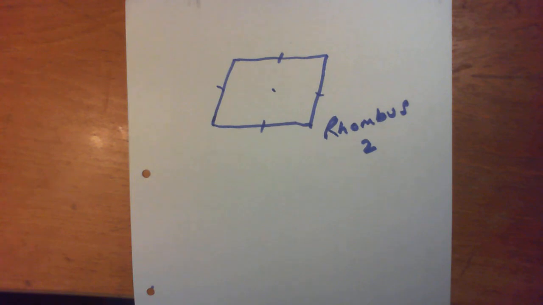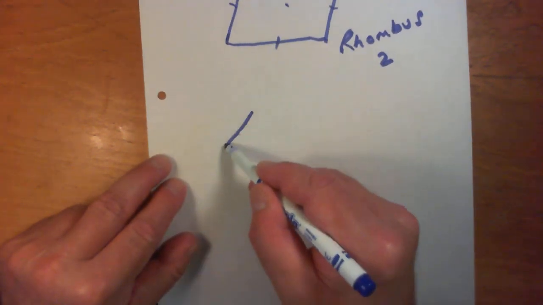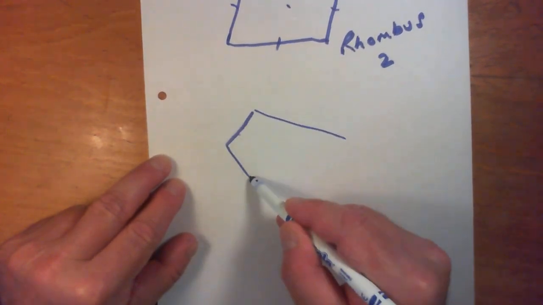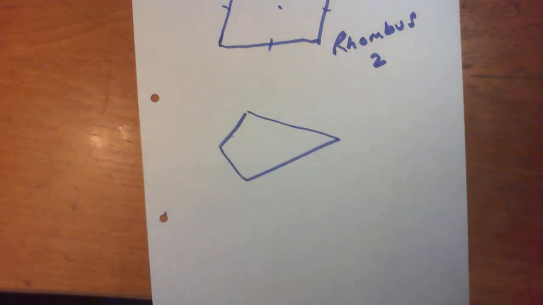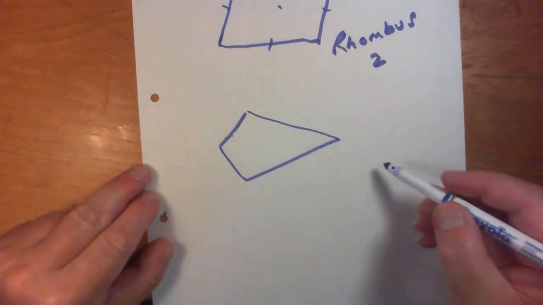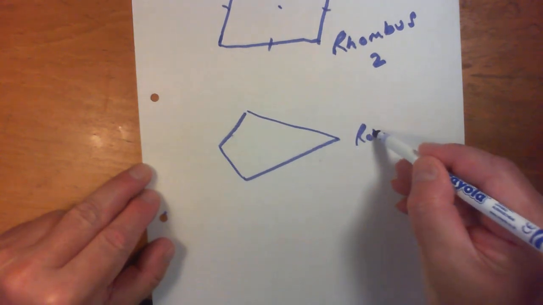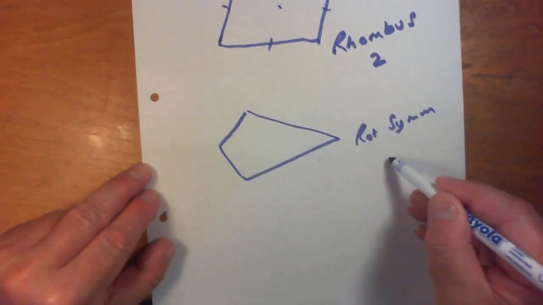Go through 180, you have a view like this again, but that's all there is. So a rhombus has rotational symmetry or point symmetry of 2. And the kite has to go back through 360 before it has this view again. So that rotational symmetry would be classed as 1.